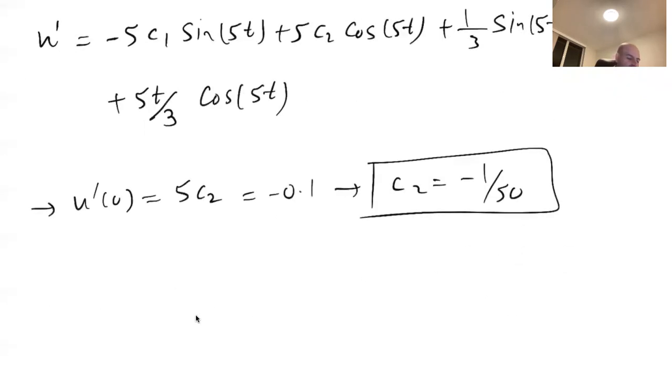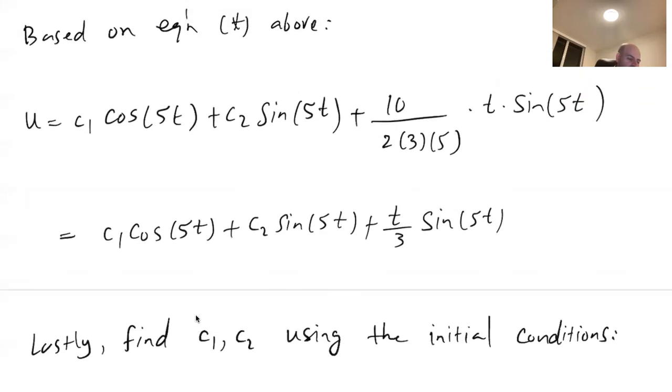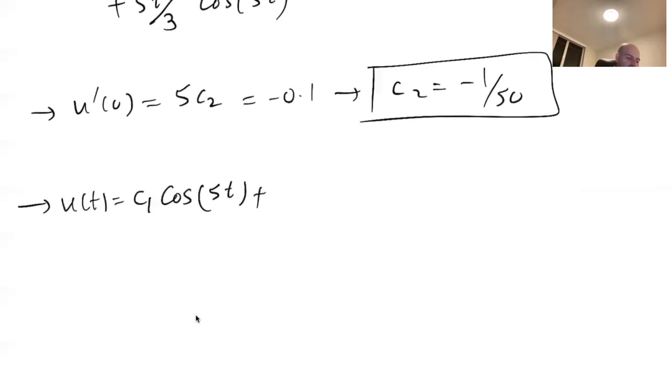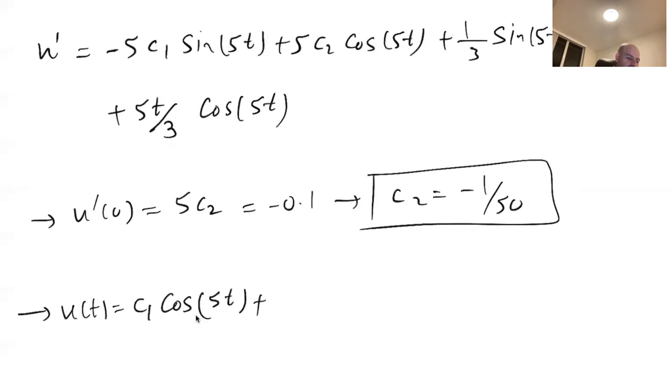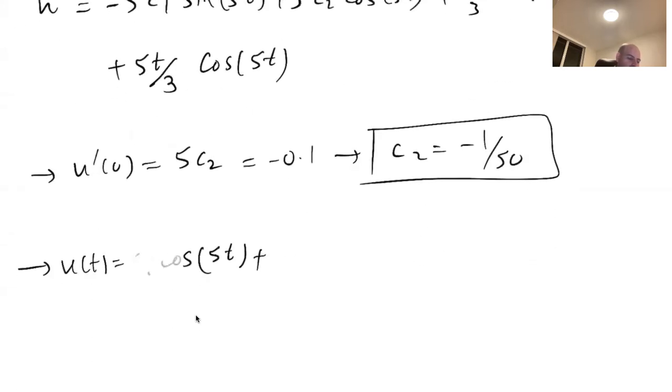Therefore, u of t will be equal to C1 cos 5t plus C2 sine 5t plus t over 3 sine 5t. We already found C1 and C2. C1 was 0.2, so let me replace it directly. 0.2 cos 5t minus 0.1 over 5 sine 5t.